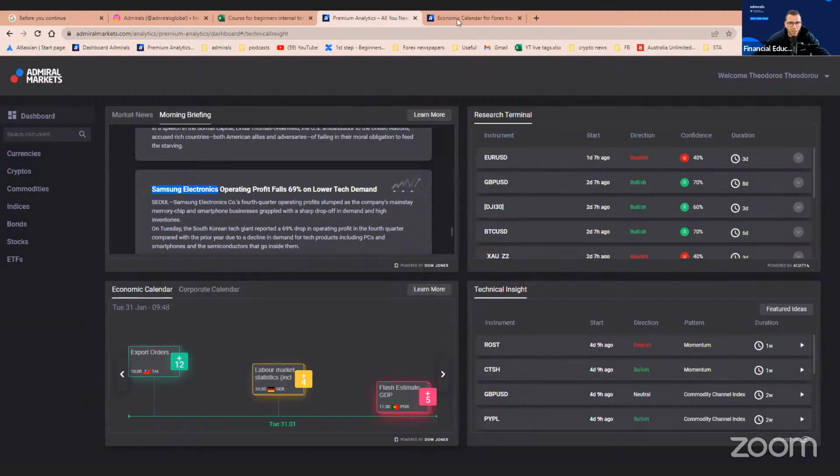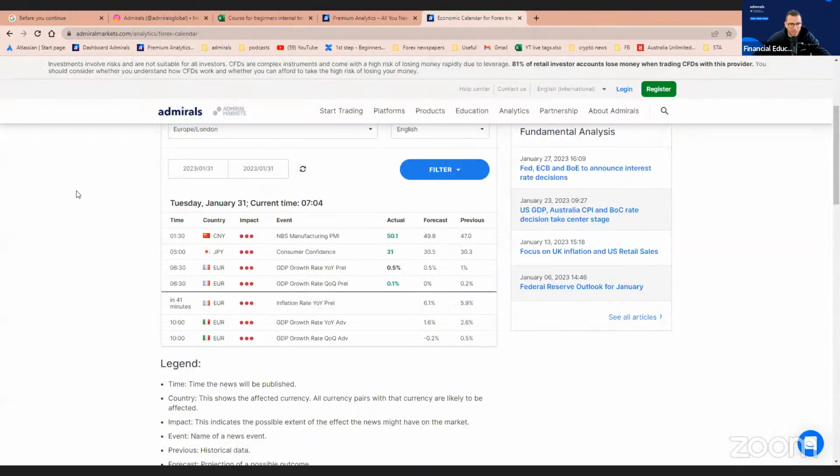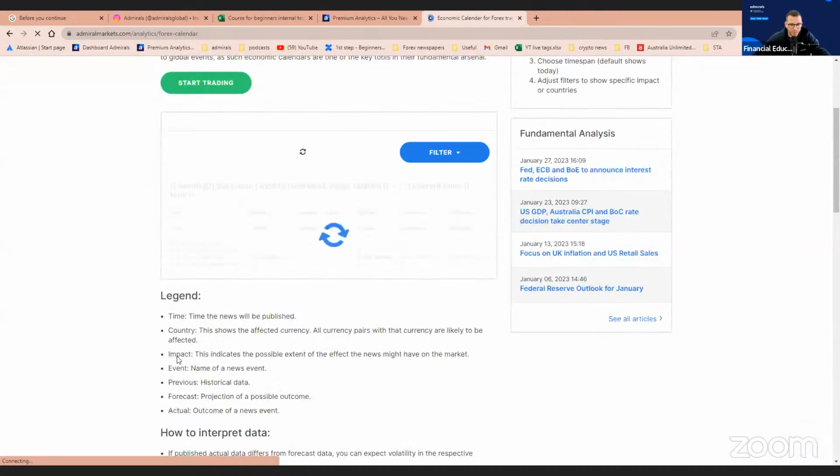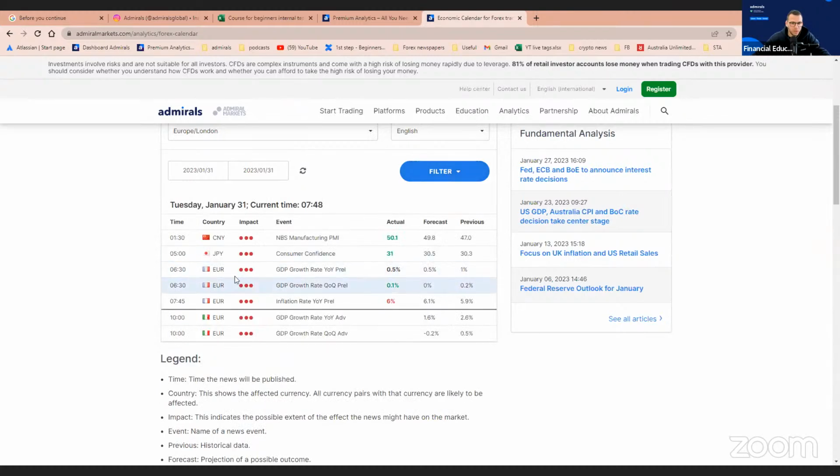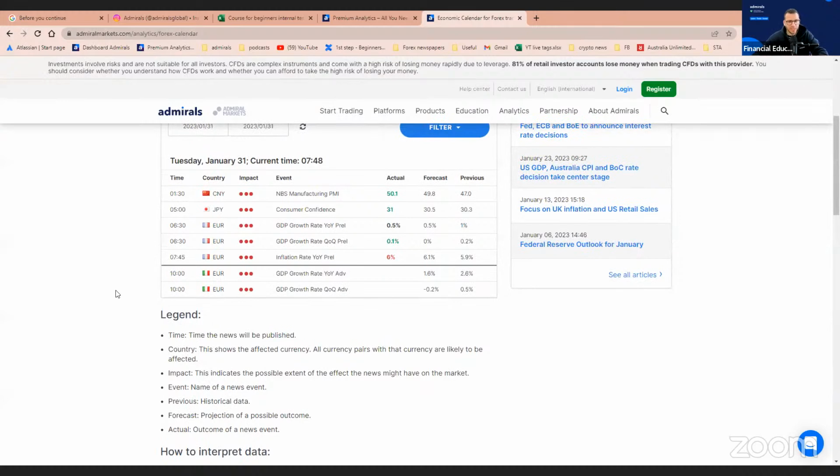Pretty simple. And what's on the calendar for today? Let me refresh. All these news affect the euro, obviously. So we do expect the GDP growth rate at 10 o'clock.